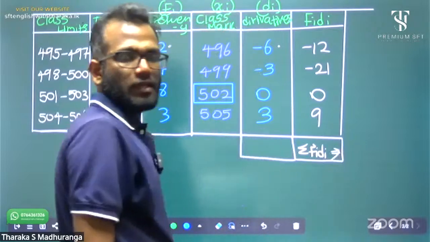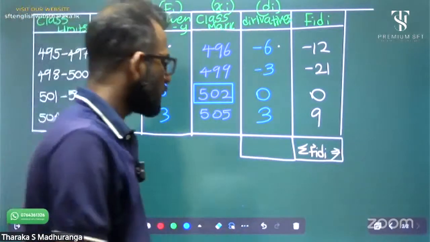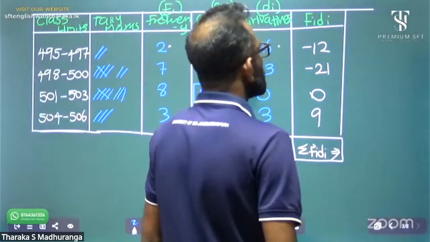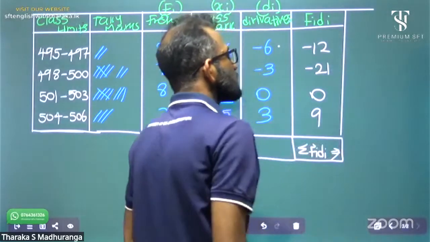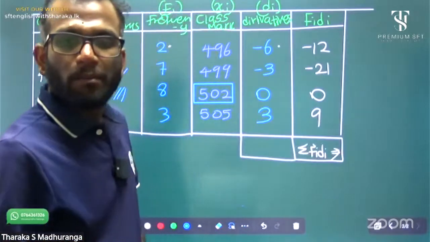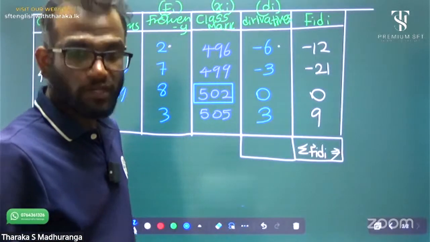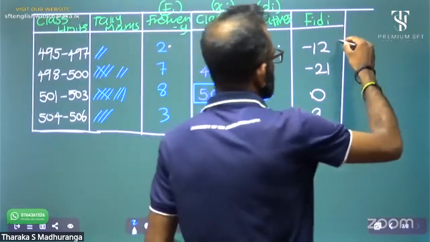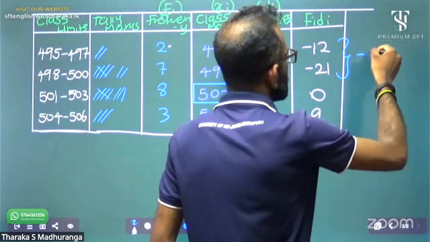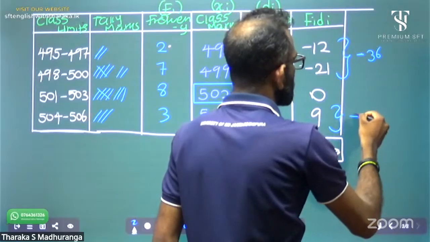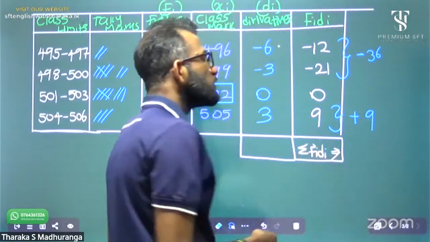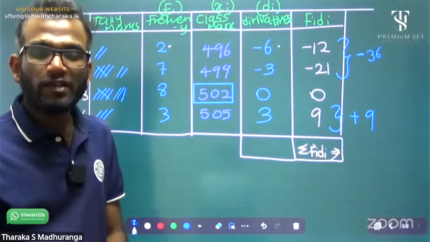Okay, now I want sigma fi di. What's the value of sigma fi di? Minus 12 minus 21 means minus 33. Minus 33 plus 9. What is the answer?